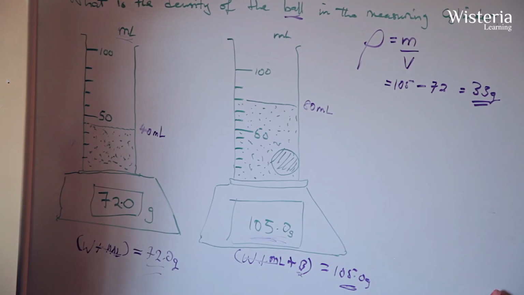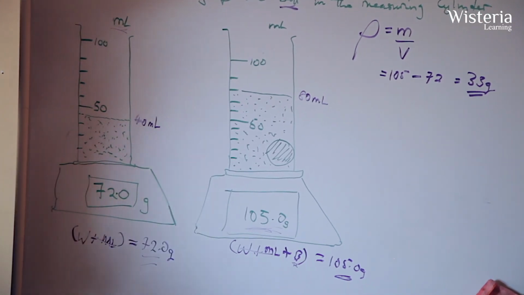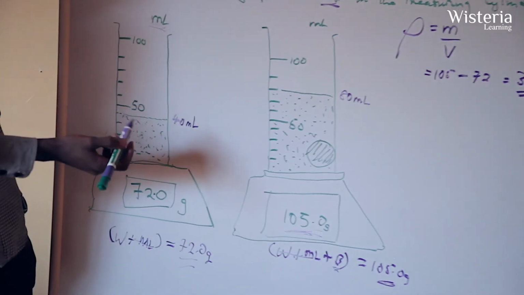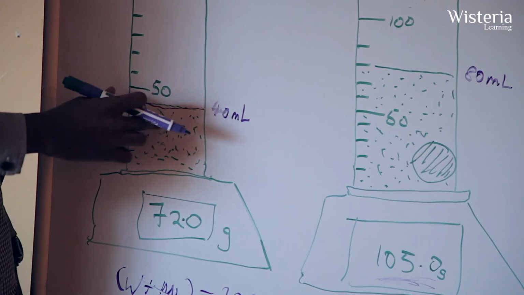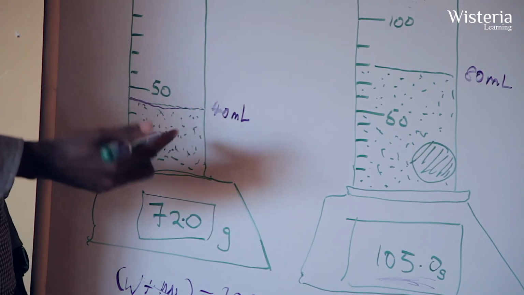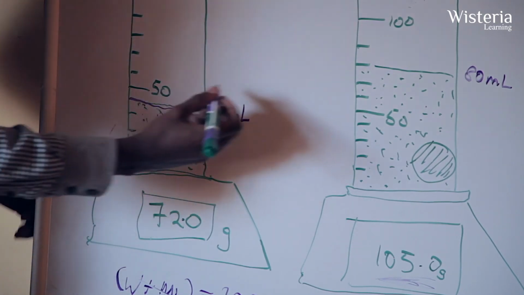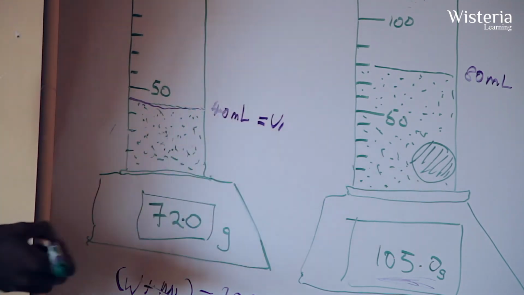So now how can we determine the volume? Well, in this case, we use the displacement method. Before the ball was lowered gently into the measuring cylinder, this was the volume, and this is our V1.